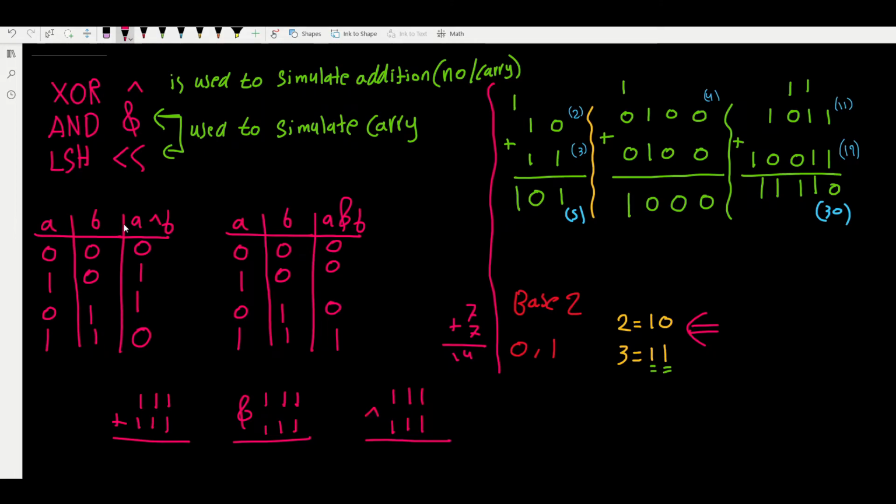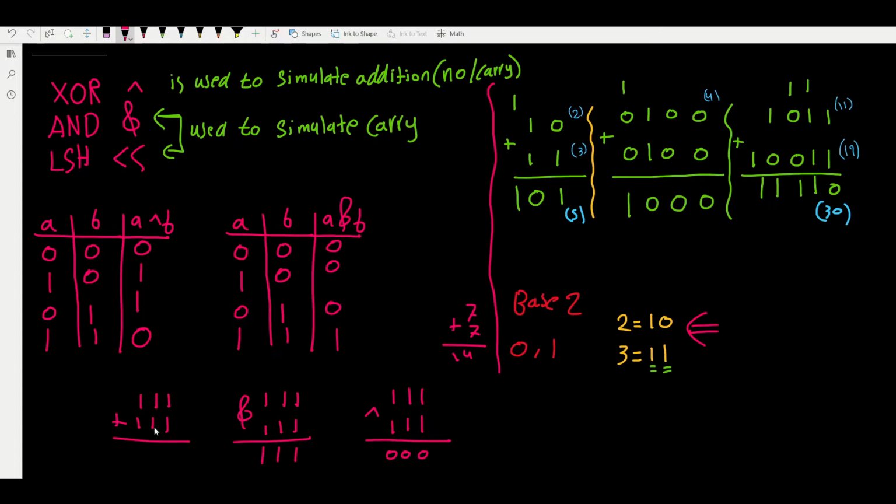Exclusive OR will give us a 1 if A and B are different. Here, all of them are the same, which means that this will give us 3 zeros. Now, let's look at the AND. We get a 1 only if A and B are both 1. In this case, all of them are the same, so we will have 111.